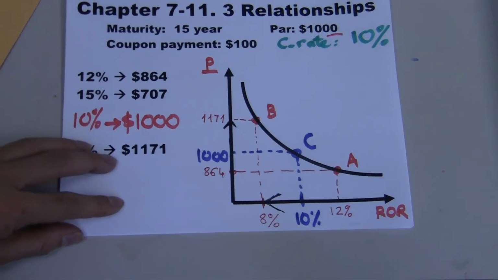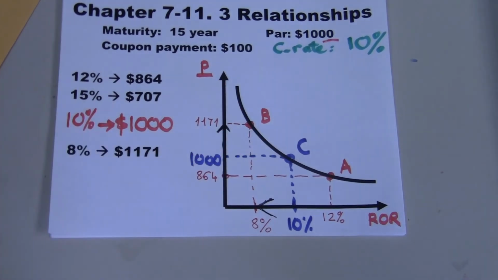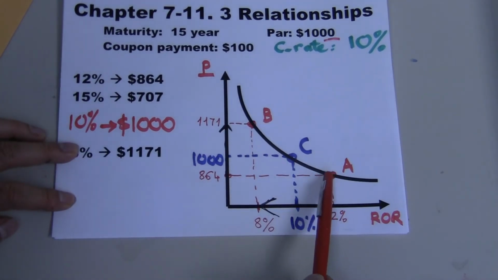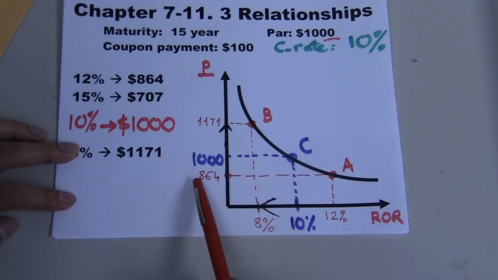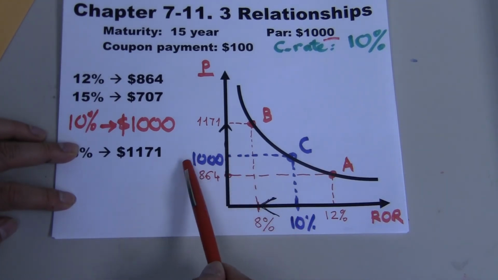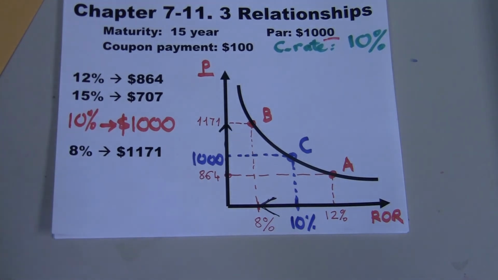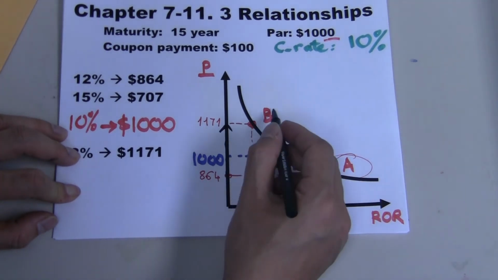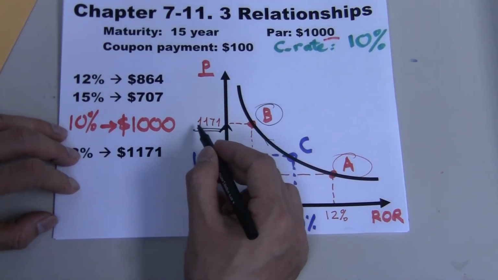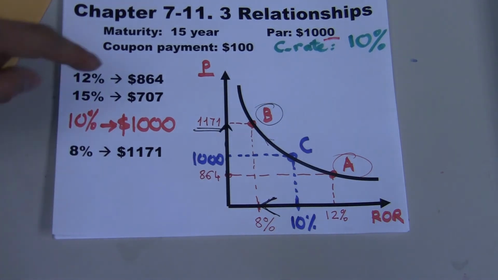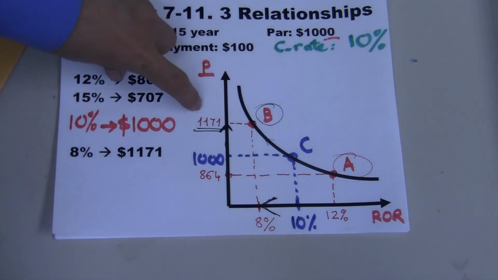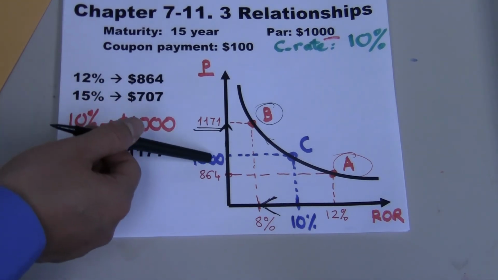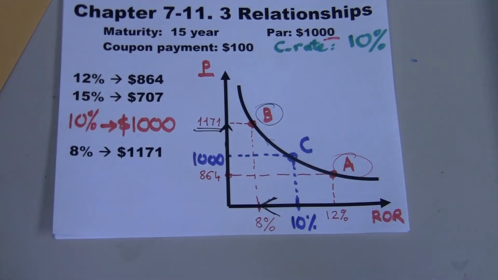Now anything below point C, like point A right here, the price of the bond of 864 is less than 1,000, so we call that a discount bond. On the other hand, for anything above point C, like point B right here, the price of the bond is 1,171. The name for that is premium bond, because the price is more than the face value of 1,000.